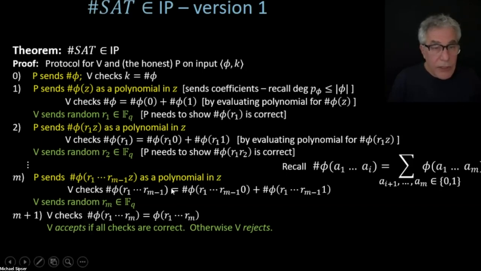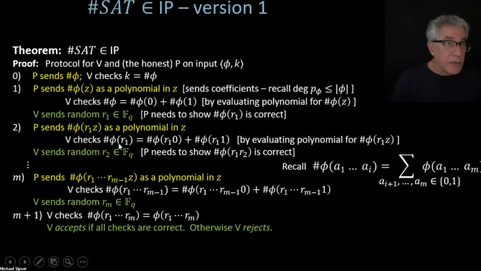So I'm getting another question here. Where does this come from here? V checks that this here, so you have to look to understand where this is coming from. We're at the nth round now. So you have to look back like at round 2. V has to check that phi of R1, which comes from the end of the first round.